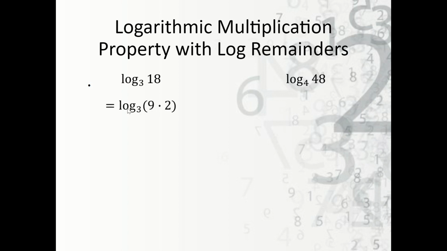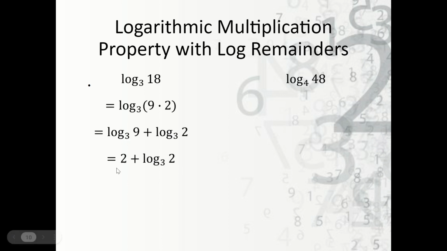Now we can rewrite this as log base 3 of 9 plus log base 3 of 2. And this part we can simplify. Log base 3 of 9 is the same thing as 3 to the x power is equal to 9. Well, we know that 3 to the second power is equal to 9. So we end up with 2 plus log base 3 of 2. We can't simplify this because we can never go from 3 to 2 by multiplying by powers. So we just leave it just like this.